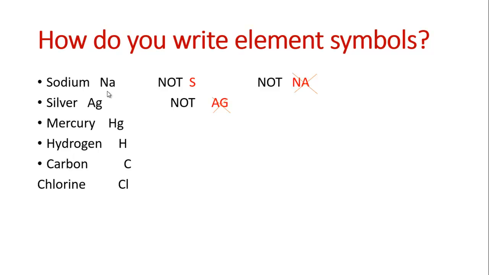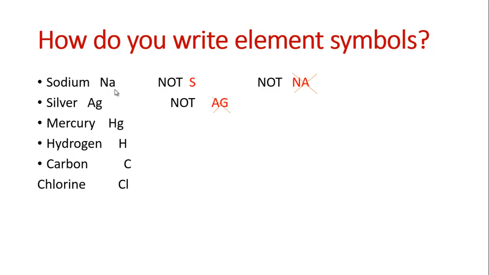When we write the symbol of this element, it consists of two letters. Any element consists of two letters, so the first letter should be a capital letter, the second letter should be small letter.